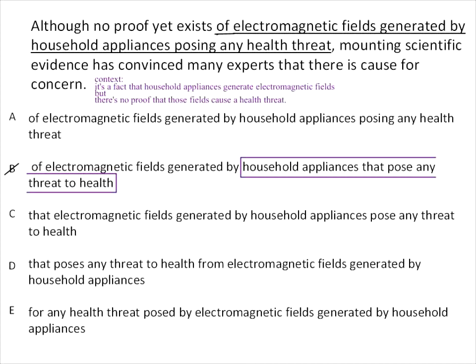So that's not correct. And then proof, D would mean that the proof itself, because if you look at this modifier, there's a bunch of problems in this choice, but this would mean that proof poses a threat. So that's not going to make any sense either.